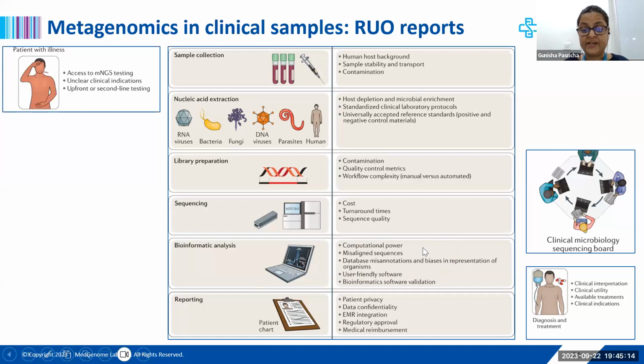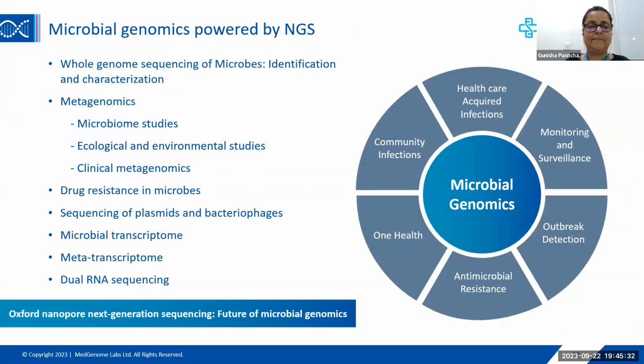Computational power is definitely needed. Bioinformatics, software validation, and criteria cutoffs are very important. Guidelines have to come from clinical microbiology or sequencing boards to help in using this. For now, this is available for research use only.